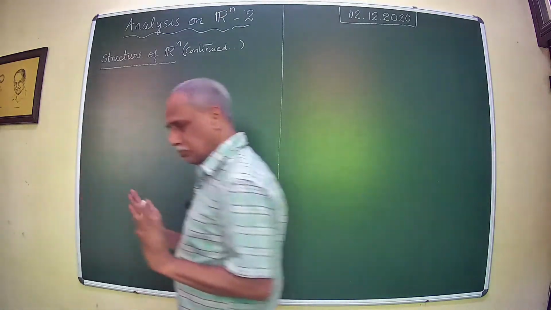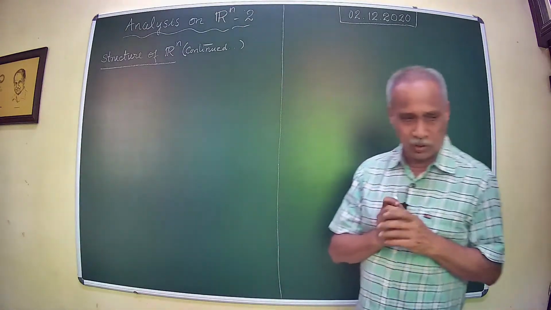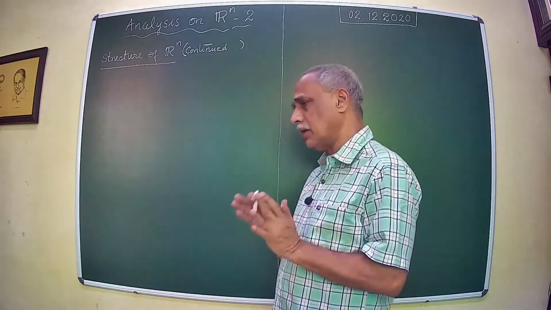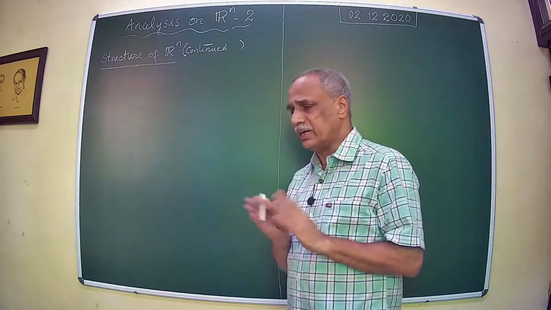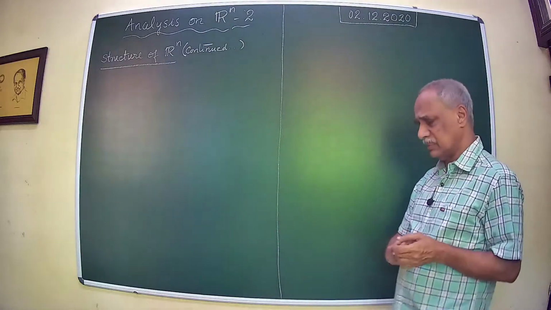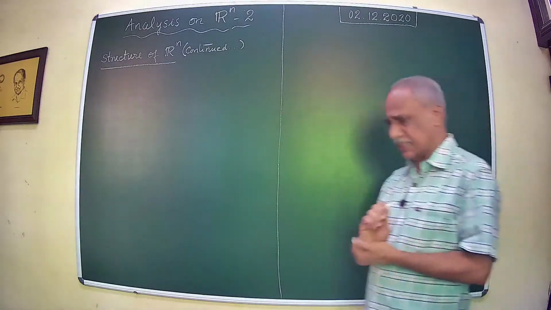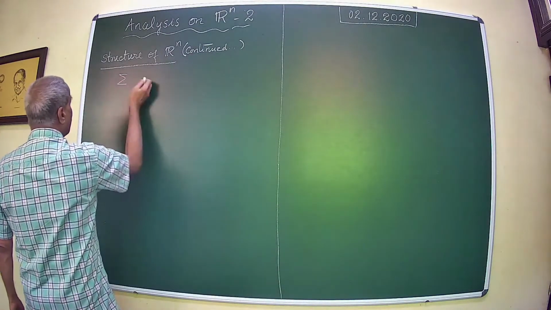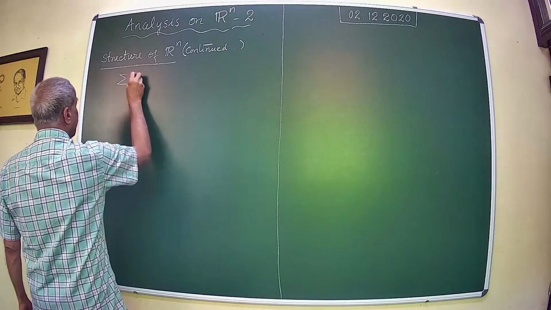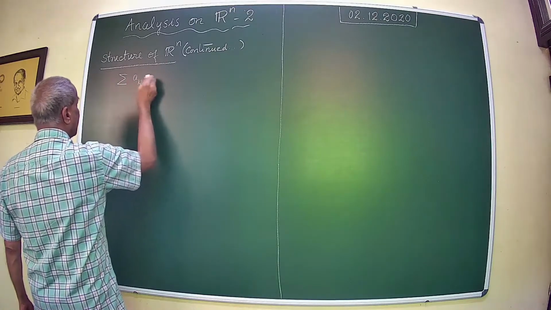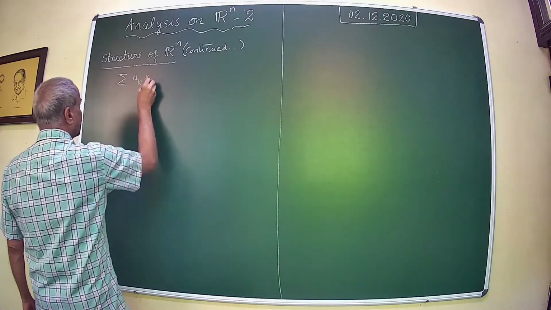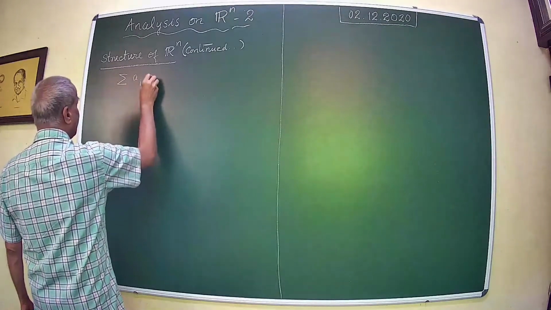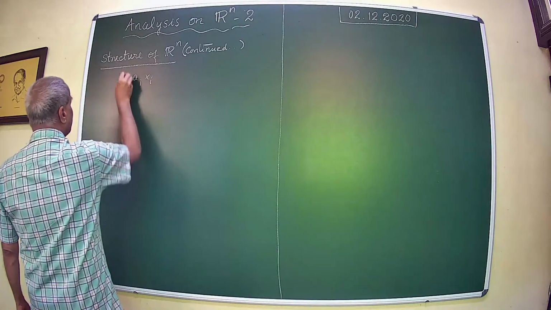Now what I want to say is that this, what we call the span, is the linear combination of these vectors x1, x2, etc. It's something of the form sigma ai xi, i running from 1 to k.